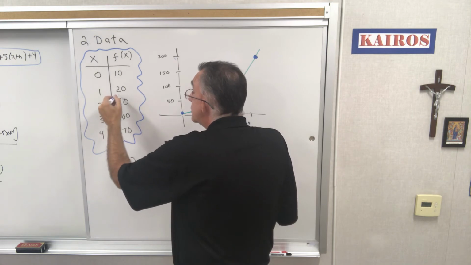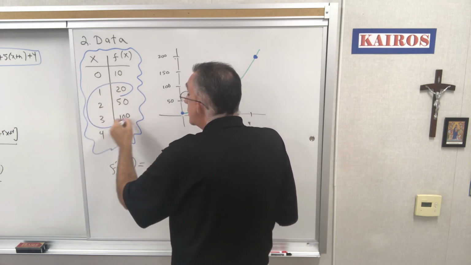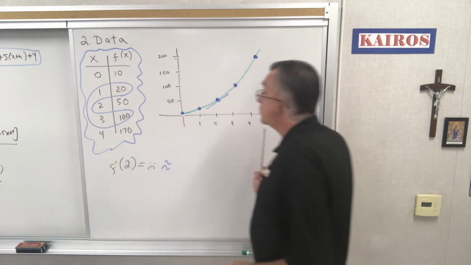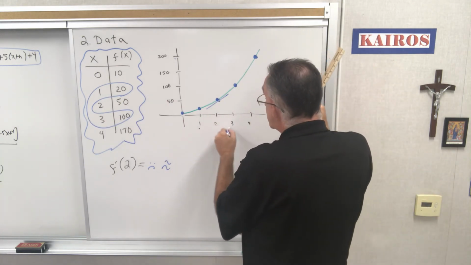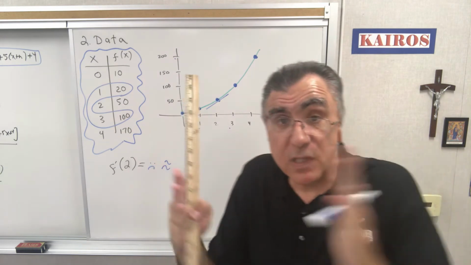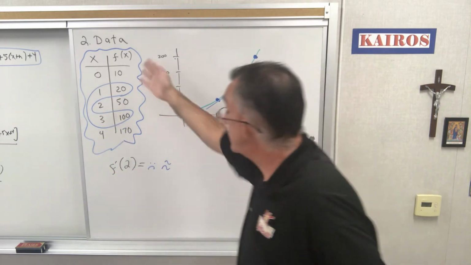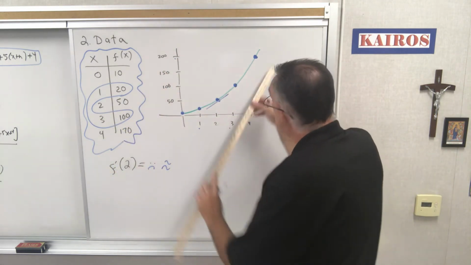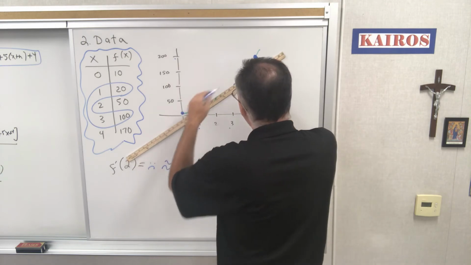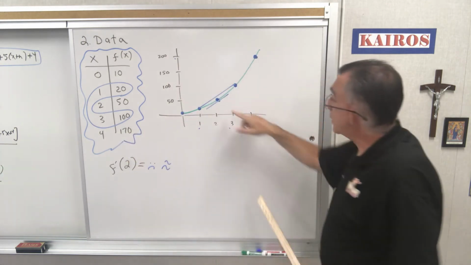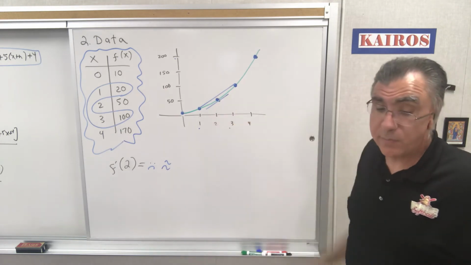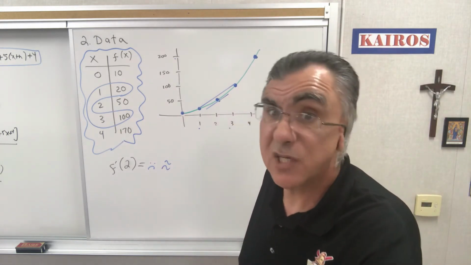So you're going to take the two closest points to 2. Remember, we're trying to get really close to 2, but we can't because we only have these 5 points. So you take the 2 points closest to 2 and find the slope of that line, and we're going to argue that it's probably, hopefully, close to the actual slope.